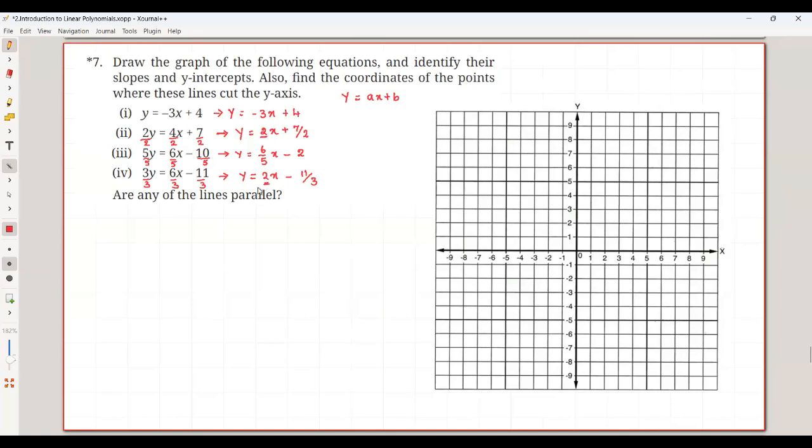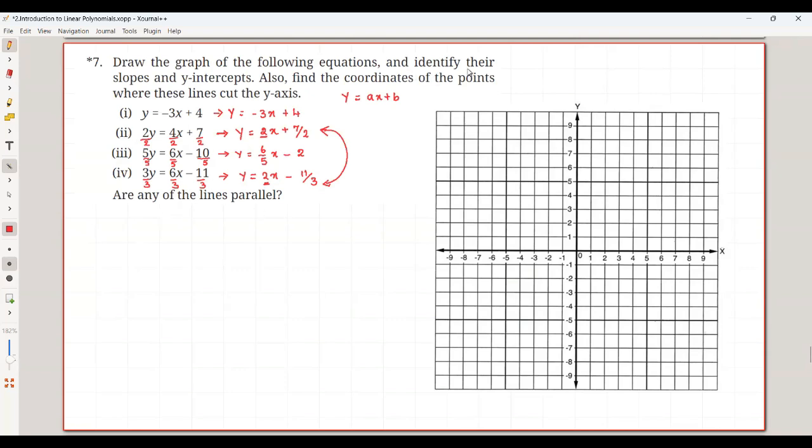For these 2 equations only we have a is equal to 2. Only for these 2 equations will we get parallel lines. The remaining 2 equations, you can find out the points and plot them, and you may get the line. I'm going to check only equations number 2 and 4 to see whether you get parallel lines.